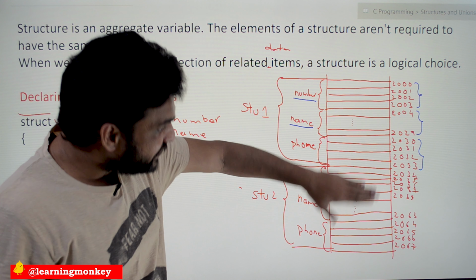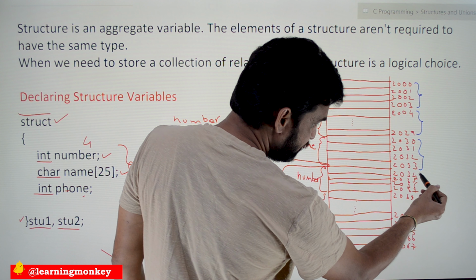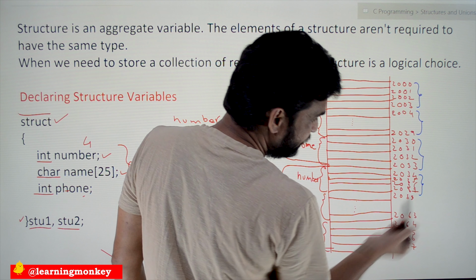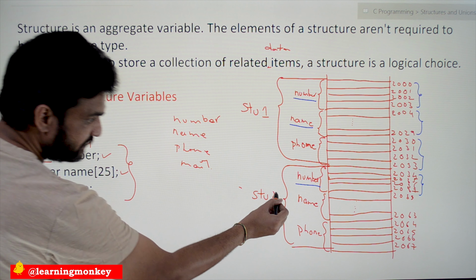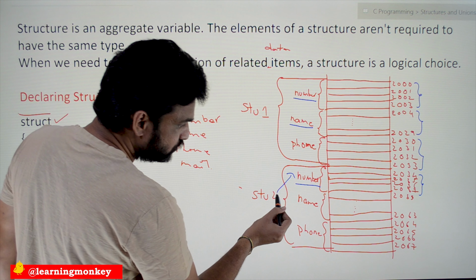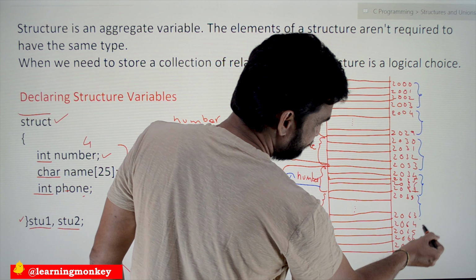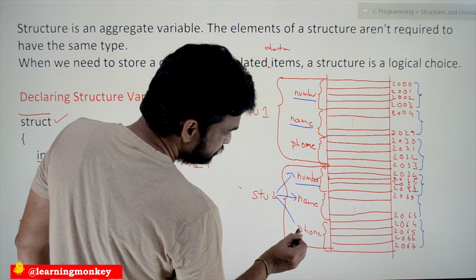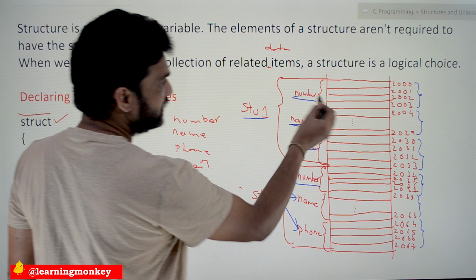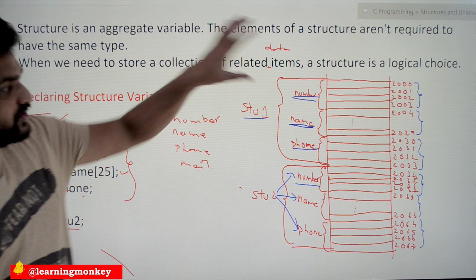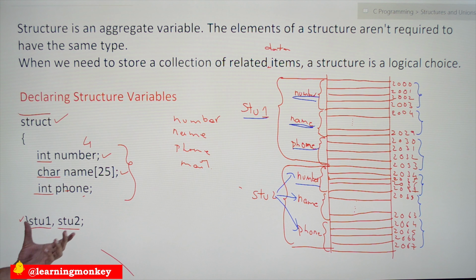Similarly for the next variable, starting from 2034, 4 bytes will be allocated for number for stu2, and for stu2's name 25 bytes will be allocated, and after that 4 bytes for stu2's phone number. So in total 66 bytes will be allocated for this structure.